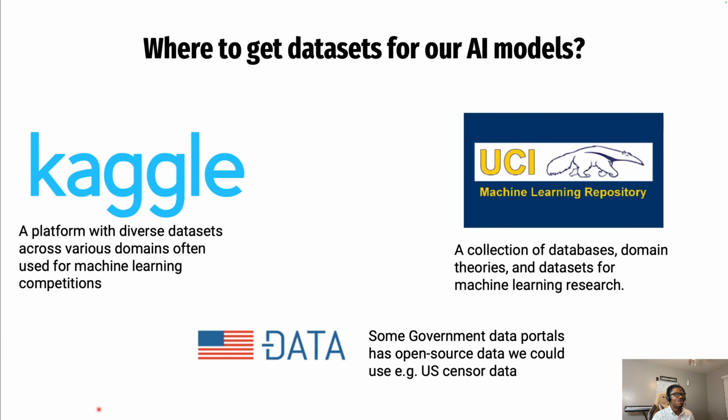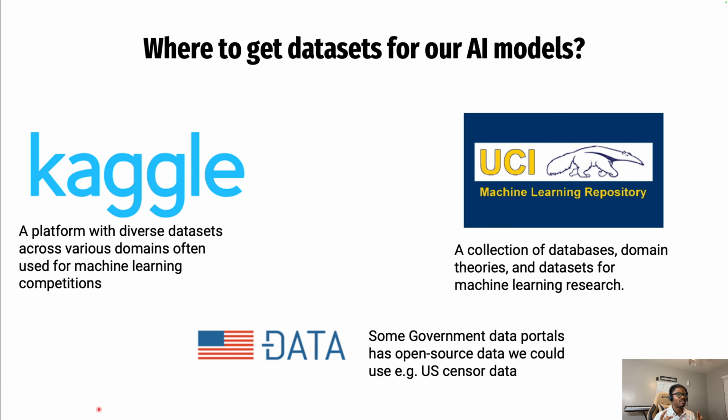All right, so now the question is, where do we get data sets to teach our AI model when we are ready to teach our AI model? Like I said before, you can't go around taking pictures of people to get your data. If you're in the university, you can do a study and interview people to get data from them, but it is expensive to go around and do all of that.